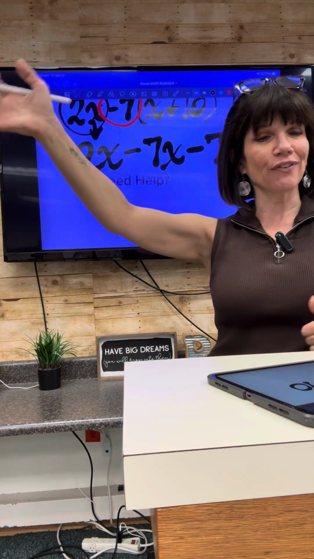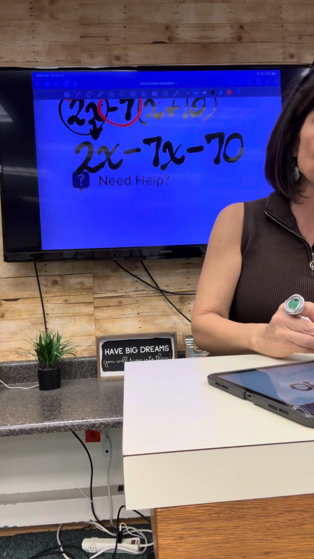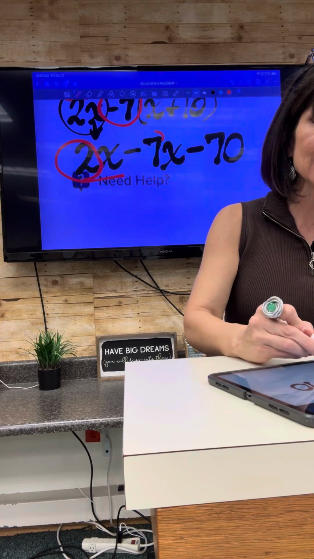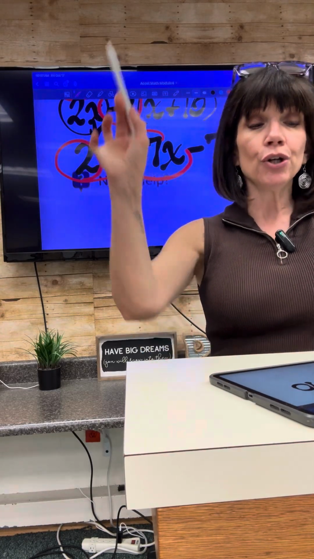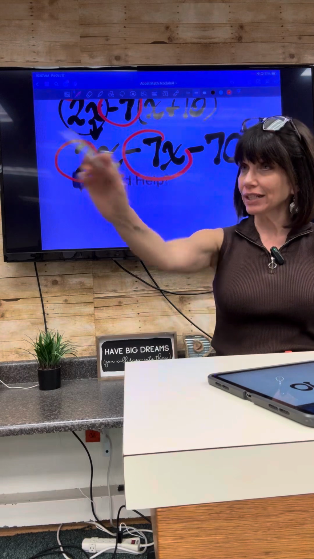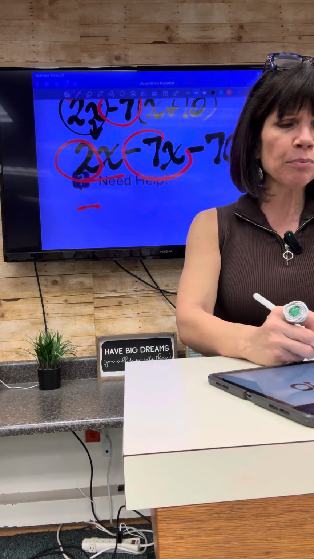You are absolutely correct. So I'm combining my positive 2x with my negative 7x. Use your calculator. 2 minus 7. Raise your hand when you have an amount. Yes, sir? It is negative 5. Now, very important and legitimate question.